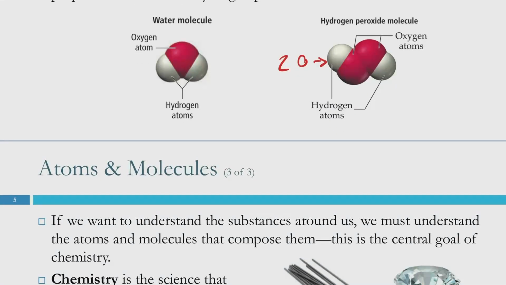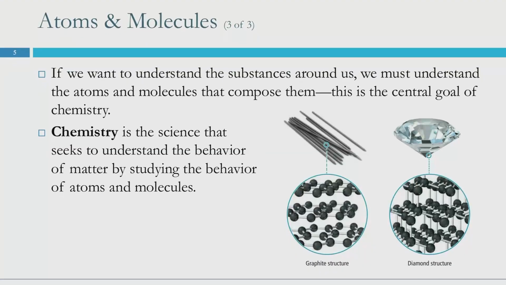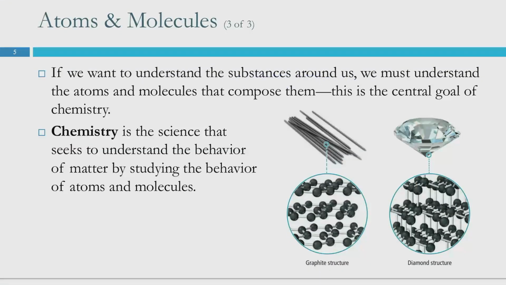So part of the goal of chemistry is that we want to know how the substances around us behave, and we do that by figuring out how the little tiny building block pieces behave. So we will be looking at the behavior of atoms and molecules. For example, two similar compounds, graphite, like you have lead in your pencil, if you've got a mechanical pencil especially, versus diamonds.